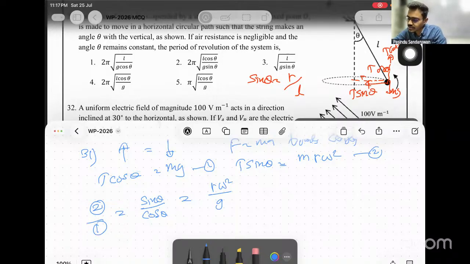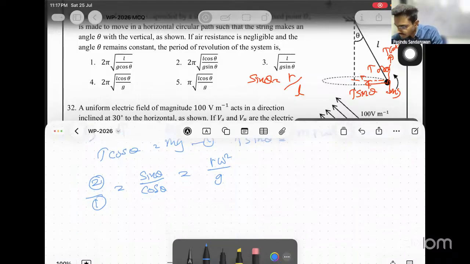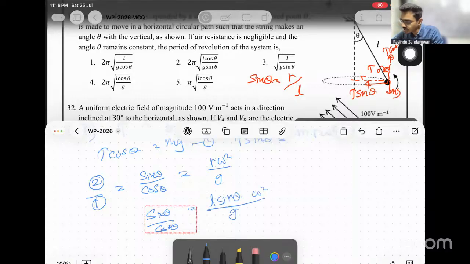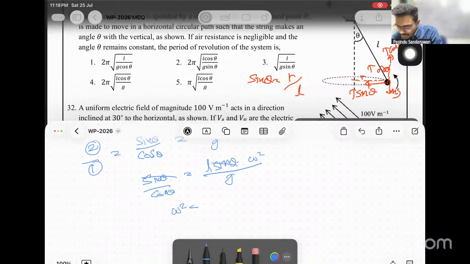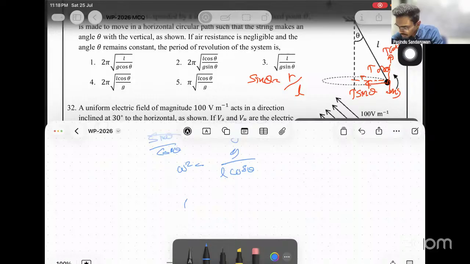Now for r, L sin theta is applicable. So sin theta over cos theta equals L sin theta omega squared over g. Now sin theta cancels off. Then omega squared is g over L cos theta, so omega is root of g over L cos theta.